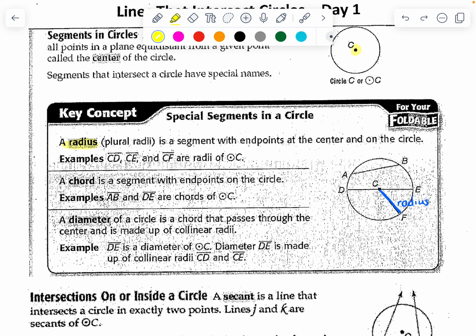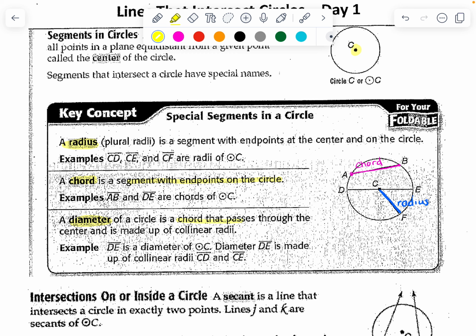The second term we're going to talk about is a chord. A chord has both endpoints on the circle, meaning that you have A and B. This is considered a chord. It does not have to go through the center, but it can, because DE is also a chord. But DE, more specifically, because it goes through the center, is considered a diameter.